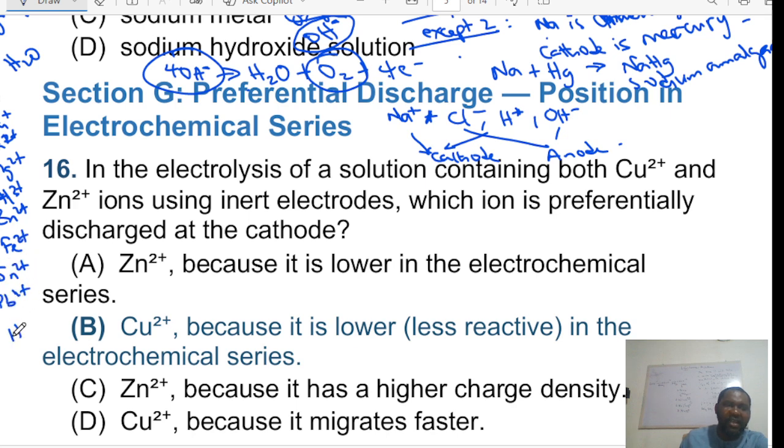Then before you have hydrogen, you can see that most ions are above hydrogen. Then below hydrogen, you have copper, silver, and gold. You have mercury somewhere here too.